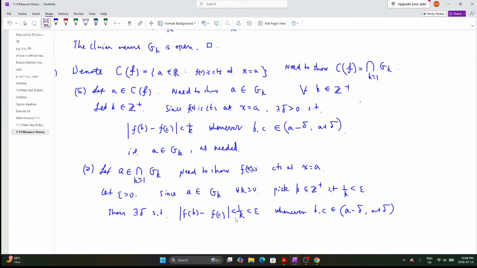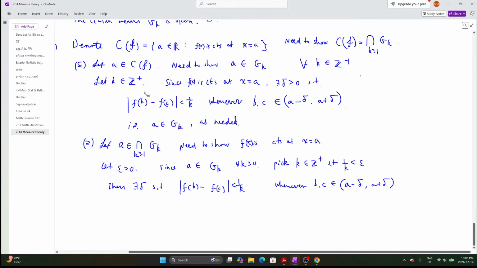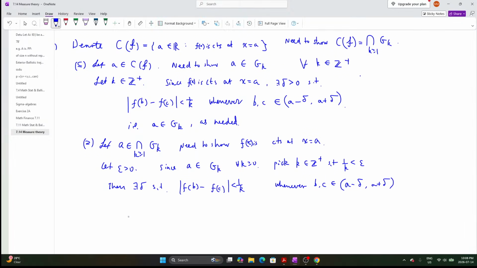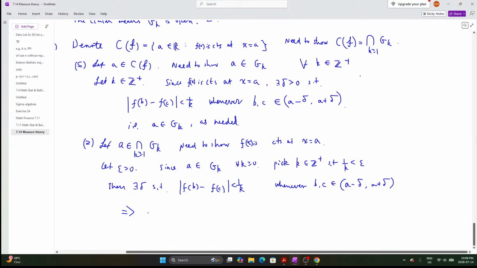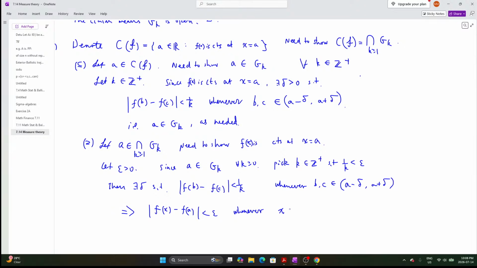So therefore, for this particular delta, absolute value of f of x minus f of a is less than epsilon whenever x is in a minus delta, a plus delta, because a is always in a minus delta, a plus delta.